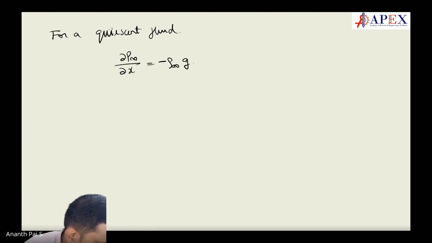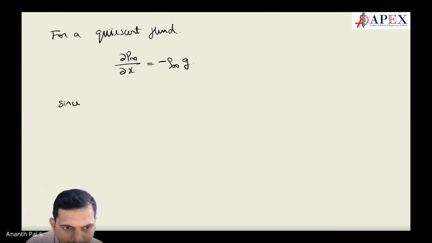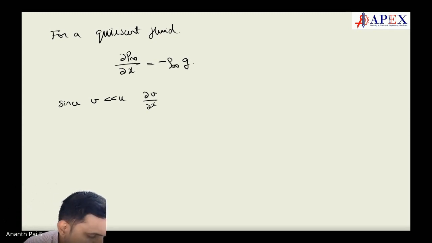Now, since V is much less than U, dou V by dou X is almost equal to dou V by dou Y, which is almost equal to 0.